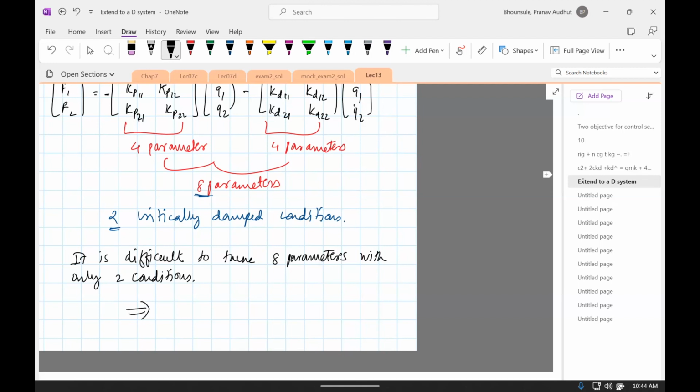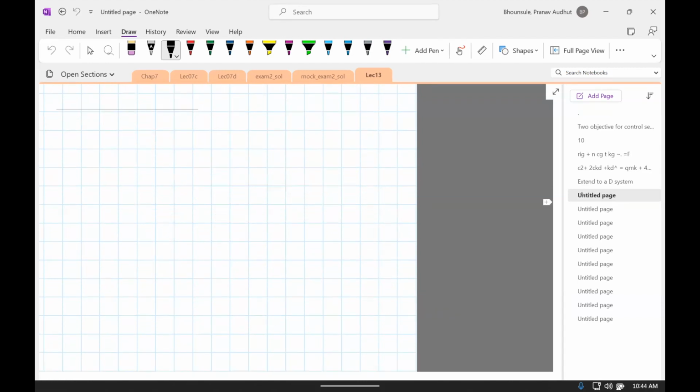Hence we use what I'll show on the next page, feedback linearization. It's a method of control which basically avoids this complexity of the equations. Sometimes it also goes by the name control partitioning.